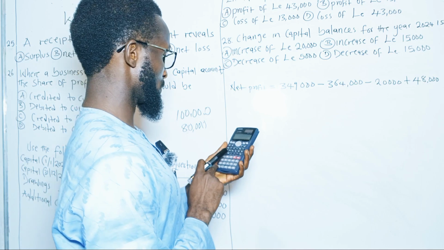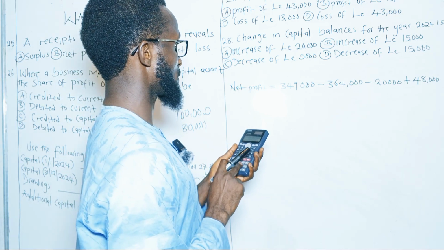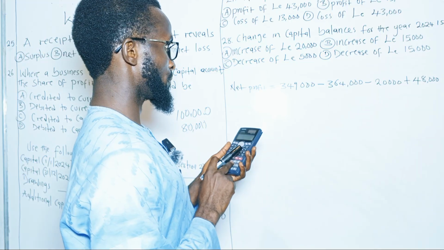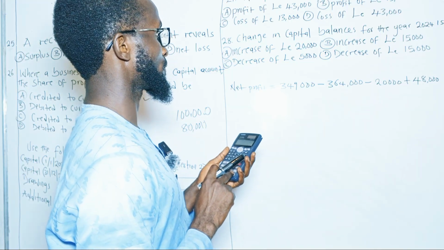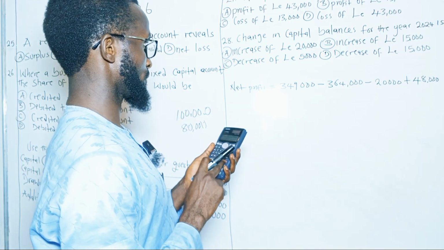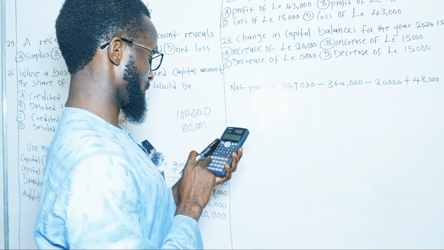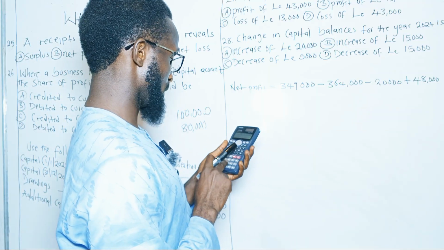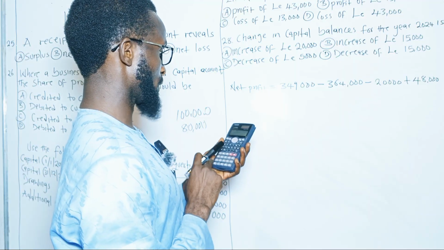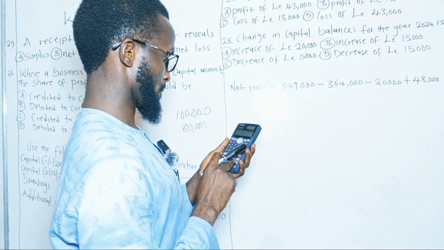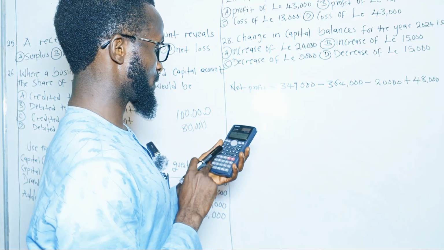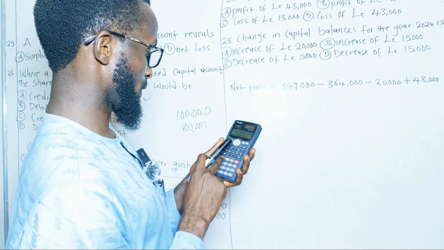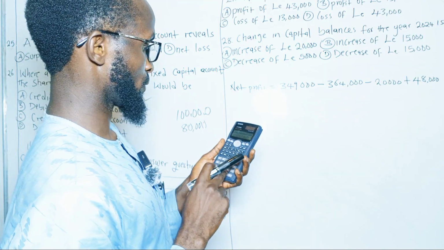So 349,000 minus 364,000 minus 20,000 plus 48,000.